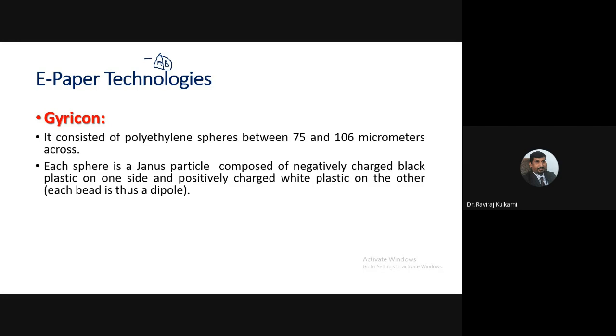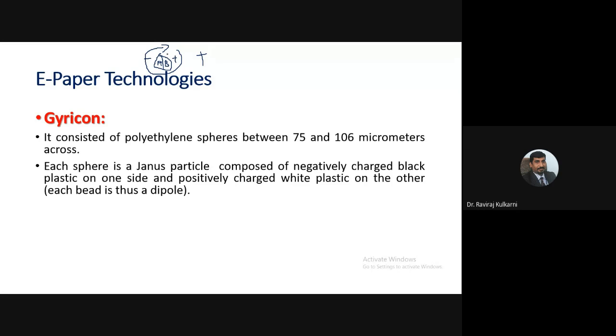One side is negatively charged, another side is positively charged, so we call it a dipole. One side is coated with black, the other side with white. If you apply, for example, a positive charge here, what happens? It turns like this, and the negative A side will appear here. Is it clear to you?